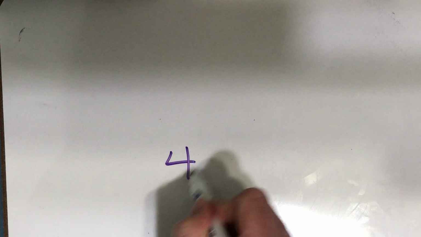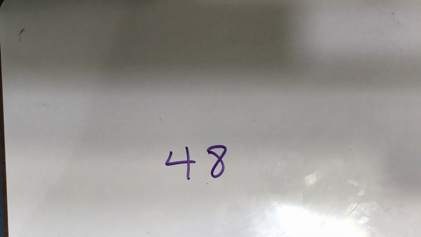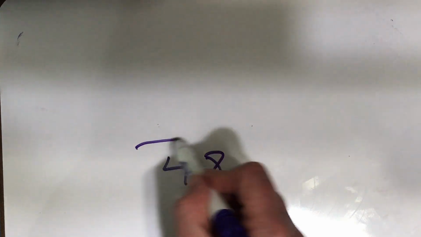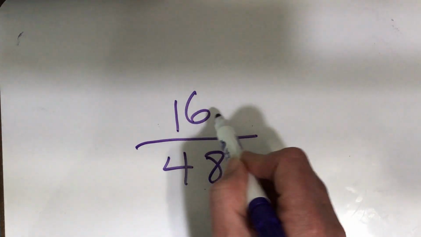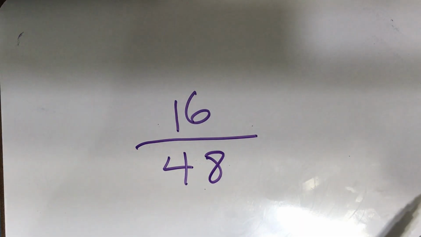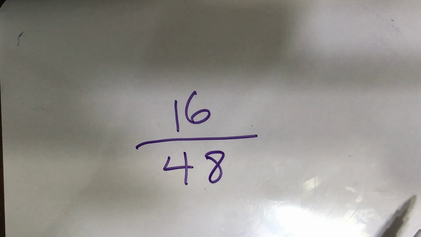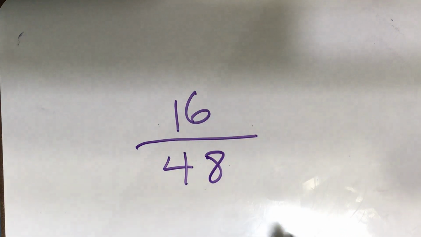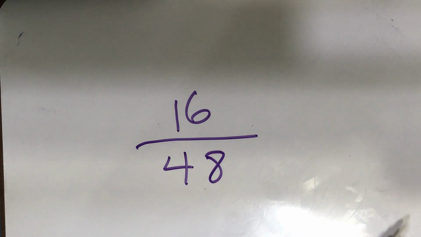Well, we know that there are 48 students in all. 48. That's my denominator. That's the whole, how many there are in the whole group. And there are 16 in each group. 16 out of 48 is each group. So the fraction of children in each group would be 16/48, but that's not simplest form.